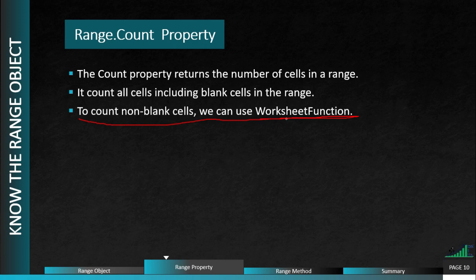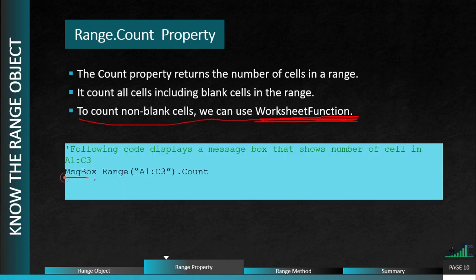If you use the worksheet function, you can count non-blank cells. So here message range, this is A1 to C3. A1 to C3 dot count means whatever cells are there, it will count, whether there is a value or not. It will give you the number of cells.